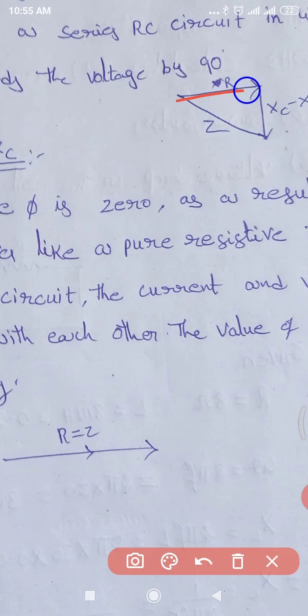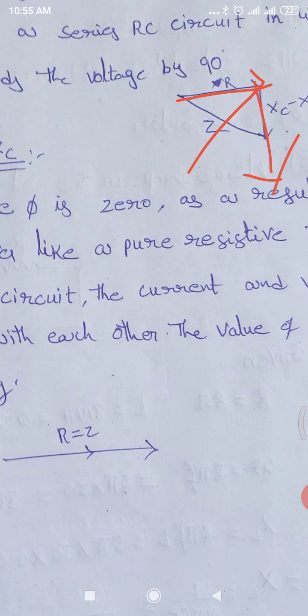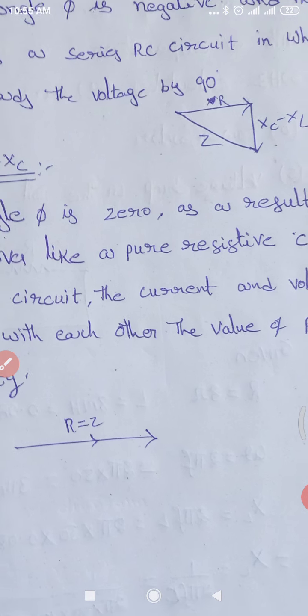See here, this is the current, and the voltage is lagging by 90 degrees. This is the impedance diagram for the RLC series circuit when XC is greater than XL.